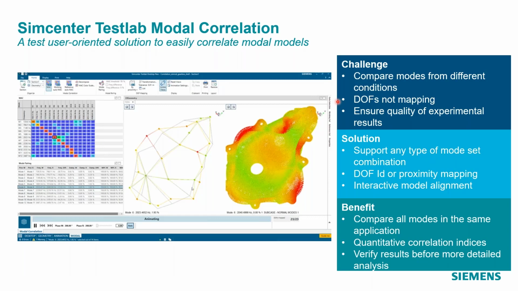That can be test and CAE, which is normally done, or maybe your operational deflection shape has a different node than your mode set does. So we can handle that. We wanted to support any different type of mode set combination. We wanted to be able to map by DOF ID or node name or proximity, so we can put a geometric tolerance around the nodes to do the mapping.